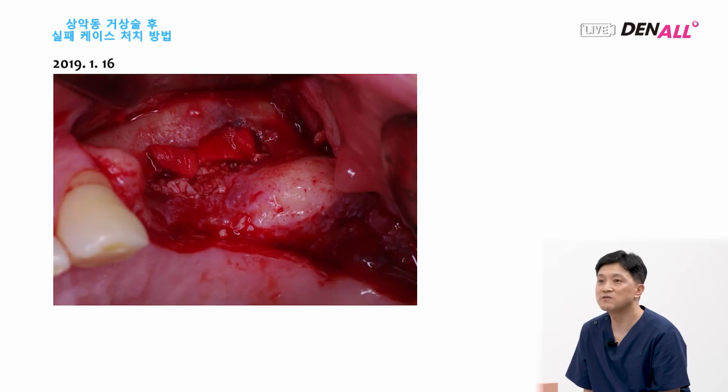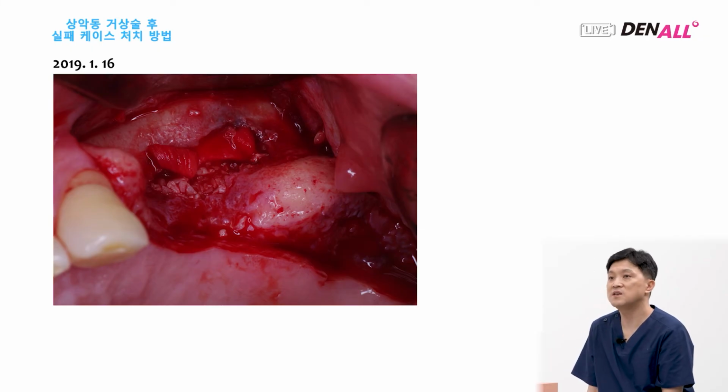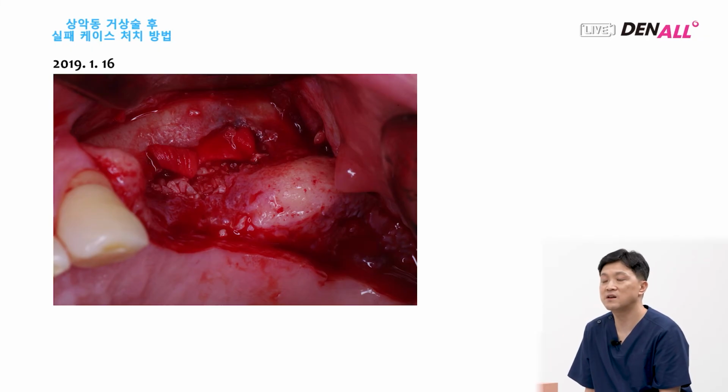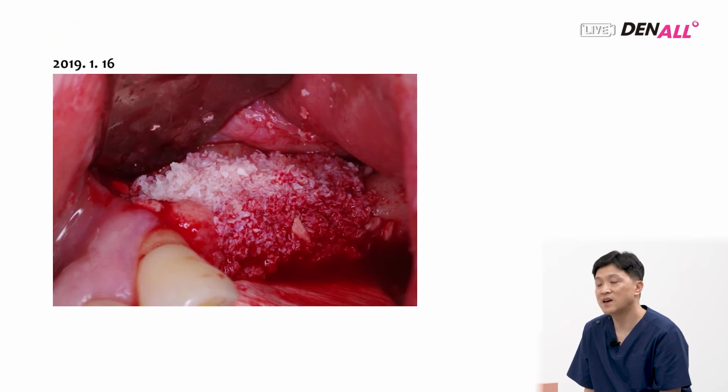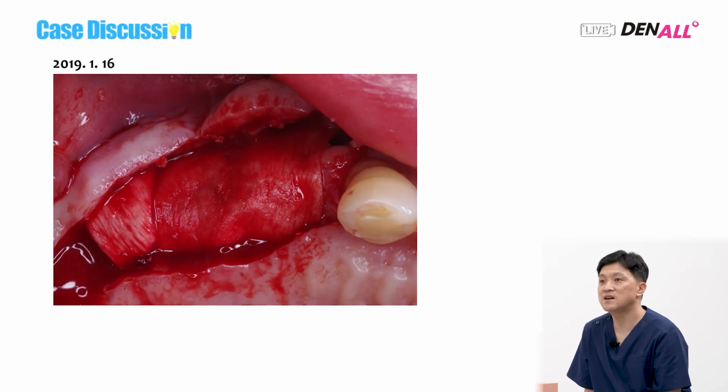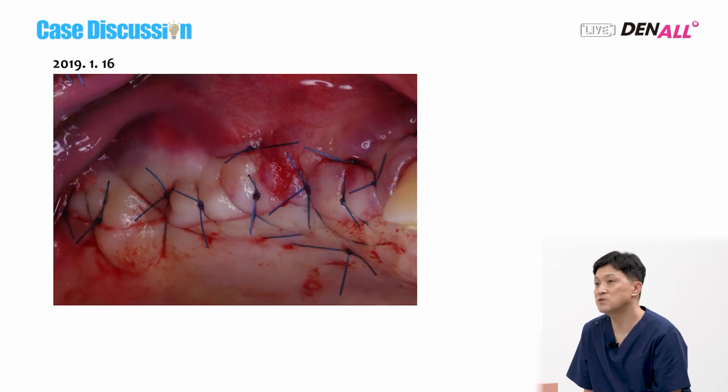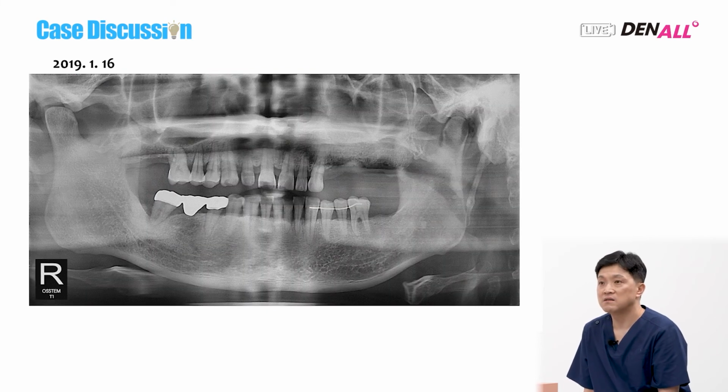Sinus graft is done. Perforated sinus membrane is repaired with collagen. Alveolar process is severely resorbed. Augmentation GBR is done together, and the implant placement is delayed, and the surgery is completed.